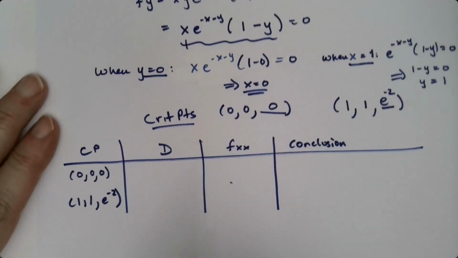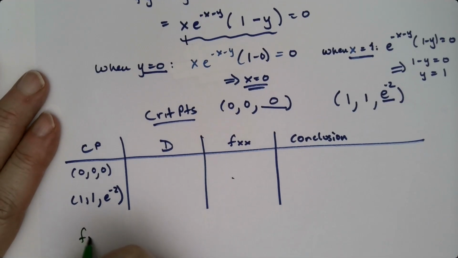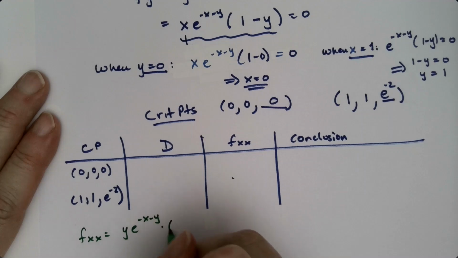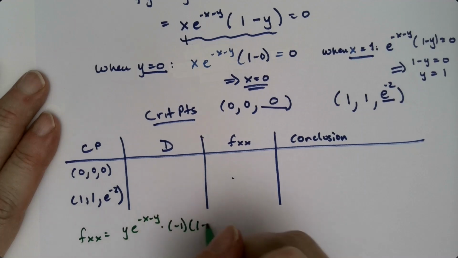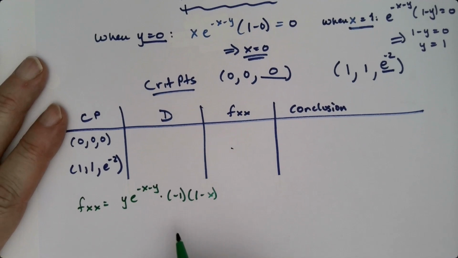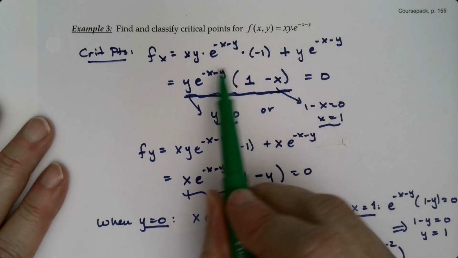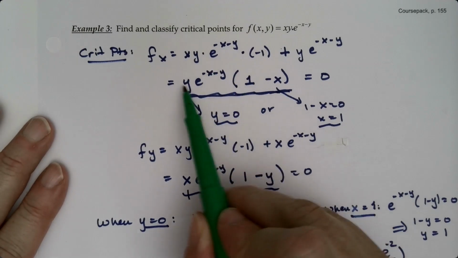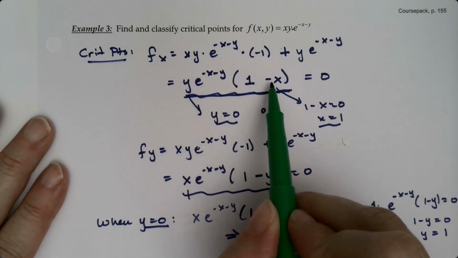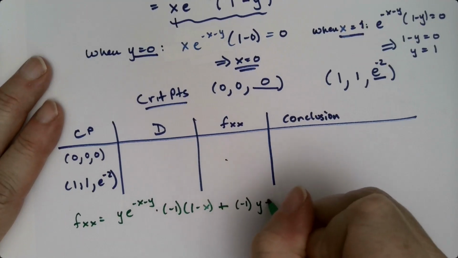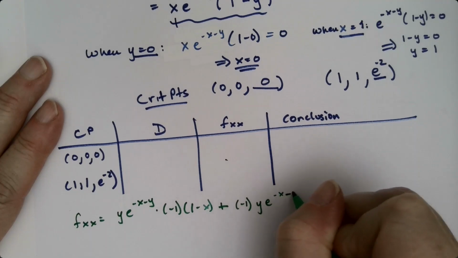So fxx is y times e to the negative x minus y times negative 1 times 1 minus x, because the 1 minus x we didn't mess with, plus, now reverse it. The derivative of this would be left alone, and the derivative of this would be negative 1. So plus negative 1 times y e to the negative x minus y.